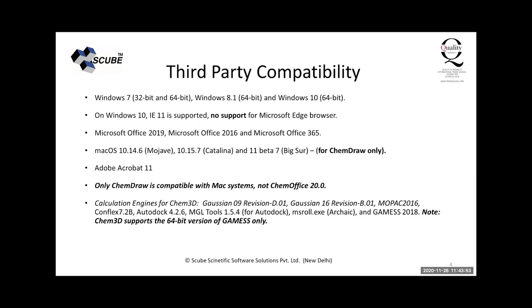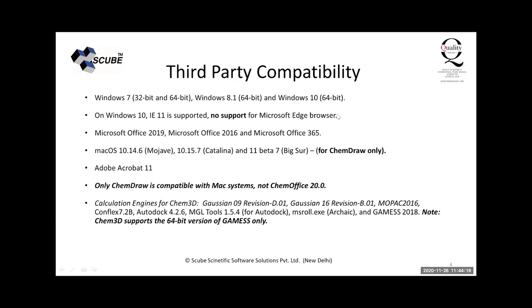Now, calculation engine for Chem 3D. We will discuss the third-party software which is compatible with Chem 3D. So Gaussian 09, Gaussian 16, Conflex for conformation analysis, Autodock, MGL. Then we have GAMESS.